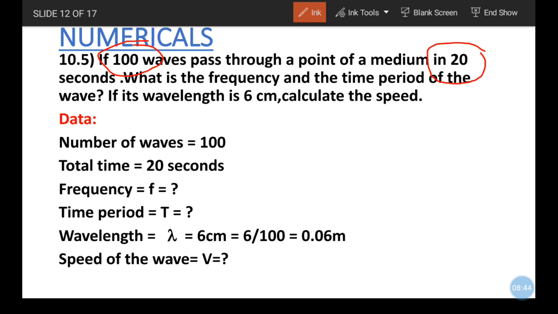So if 100 waves pass through a point of a medium in 20 seconds, what is the frequency and the time period of the wave, if its wavelength is 6 centimeter? Here we have number of waves 100, total time 20 seconds. We have to find frequency, time period, and the speed of the wave. Wavelength lambda is 6 centimeter, which is equal to 0.06 meter.